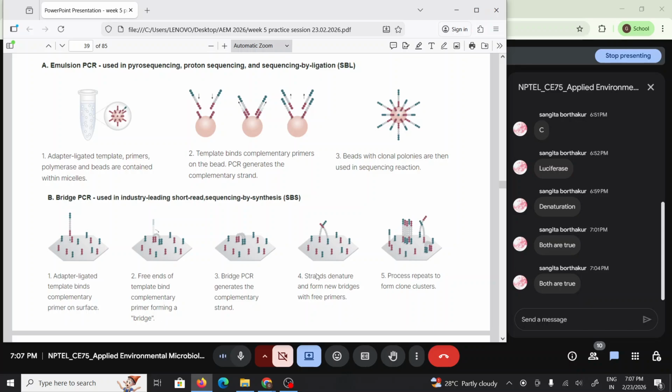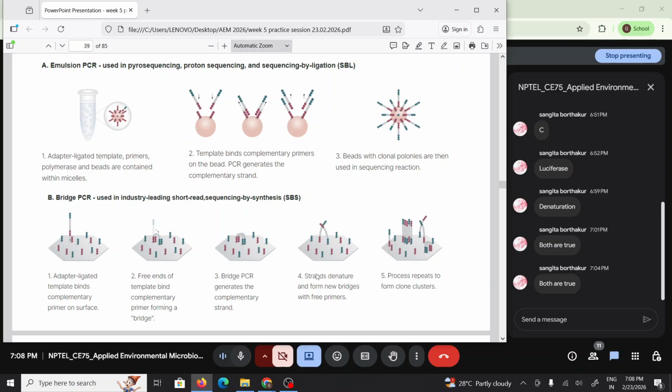So we have different types of PCR that we use for this. One is the emulsion PCR. This emulsion PCR is generally used in pyrosequencing, proton sequencing, or sequencing by ligation. First, we take the adapter ligated template. We have a DNA to which you have attached an adapter.